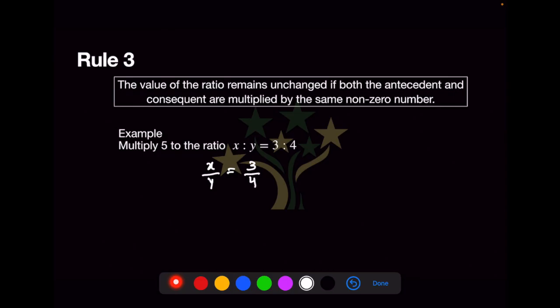Multiplying the ratio means multiplying both the antecedent and consequent with the same number. So we have 15 by 20. So x is to y is equal to 3:4 is same as 15:20. The values are not changed when both antecedent and consequent are multiplied with the same number.